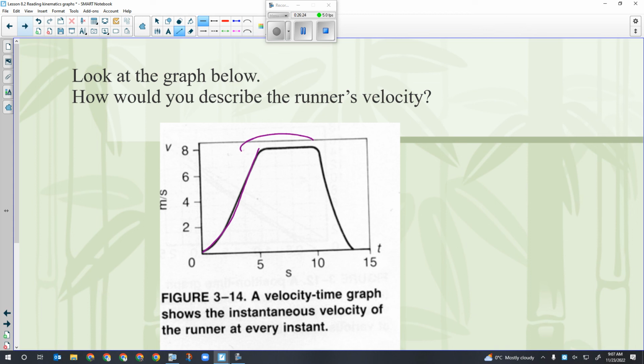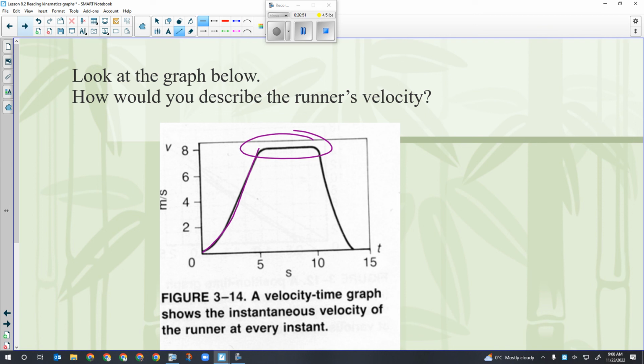What are they doing here? Yeah, they're traveling at a constant speed. And then what are they doing after that? Right, they're accelerating negatively. We're still in the habit of saying decelerate, but yeah, they slow down and they come to a stop.